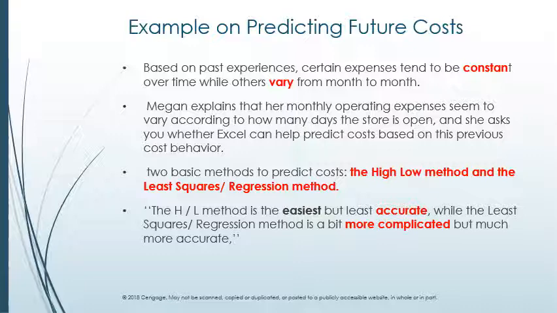We have two basic methods to predict costs: the high-low method and the least square method. The high-low method is the easiest method, but the least square method is more accurate, while it is more complicated.